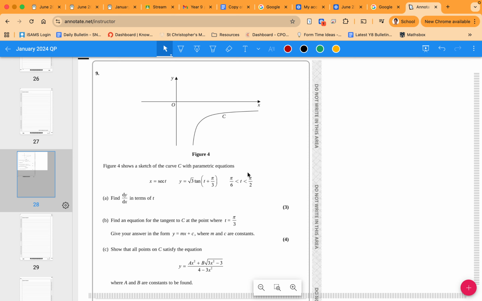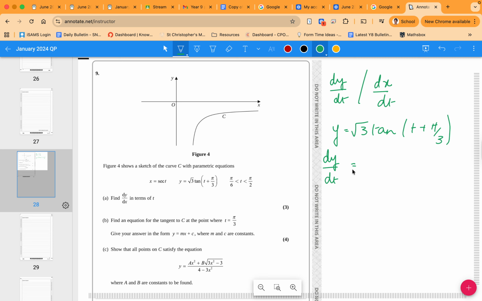Now that is as usual, so we are going to say dy by dt divided by dx by dt. Now dy by dt, my y is root 3 tan of t plus pi by 3, and my dy by dt will be equal to root 3 sec square t plus pi by 3, and my dx over dt.